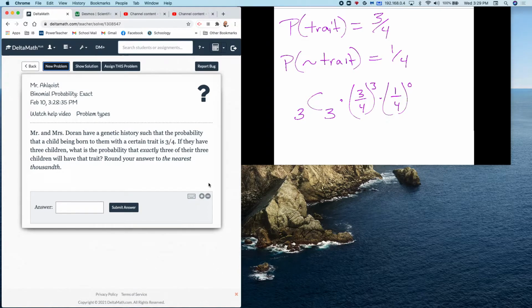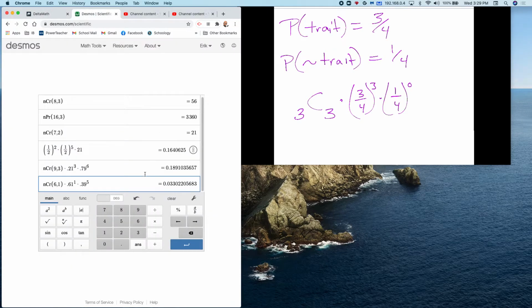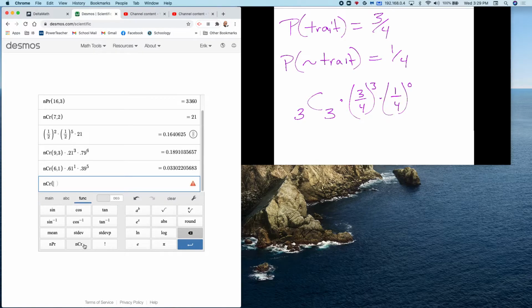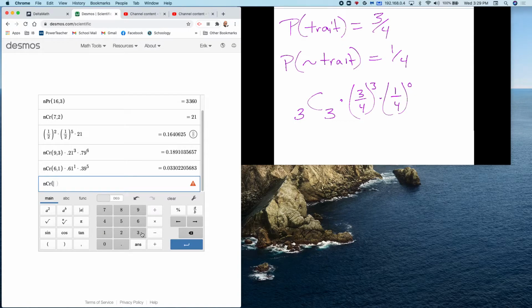Again, if I go into Desmos, order doesn't matter, so we use combinations, 3 choose 3, times 0.75, because that's 3/4, to the third, times 0.25, because that's 1/4, to the 0 power. And we end up with that.